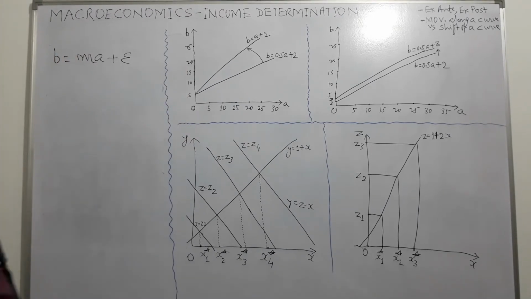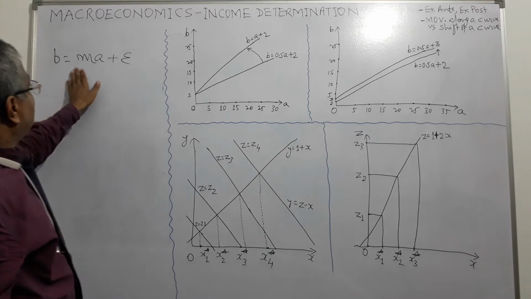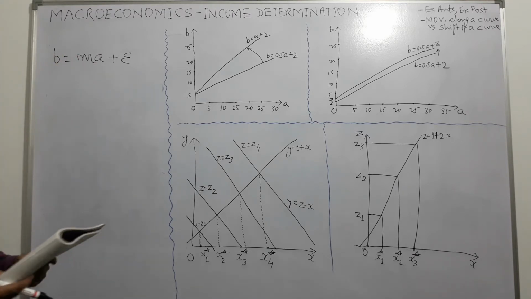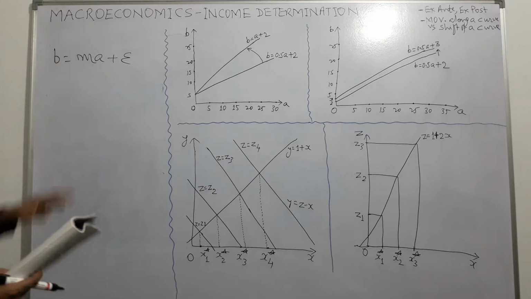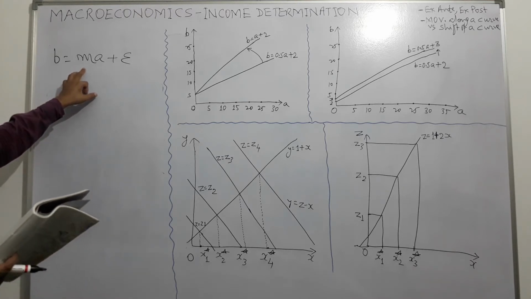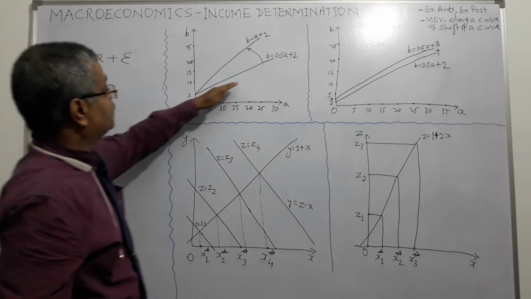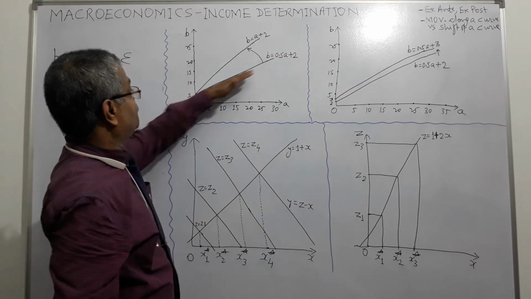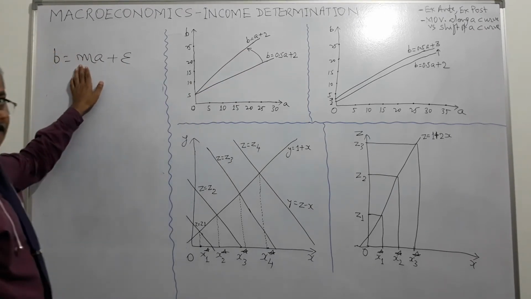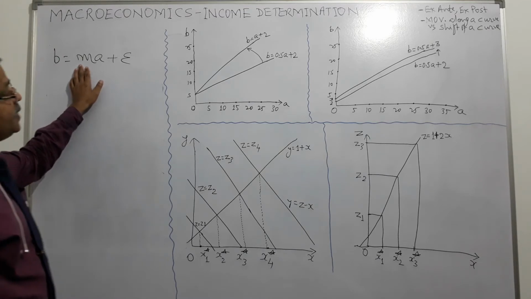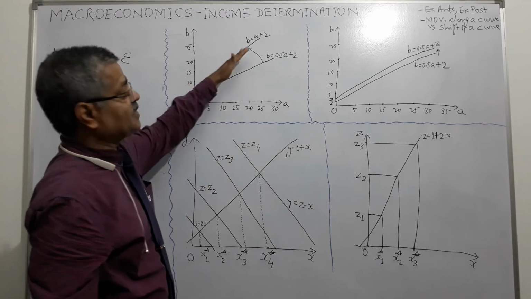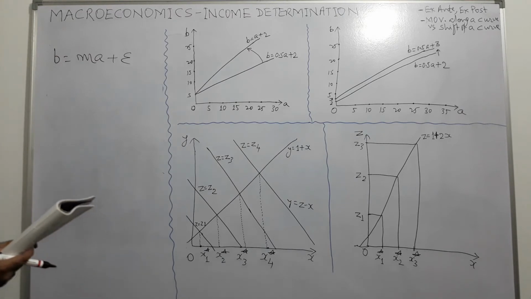And the formula is B is equal to M A plus E. M is greater than 0 and is called the slope of the straight line.